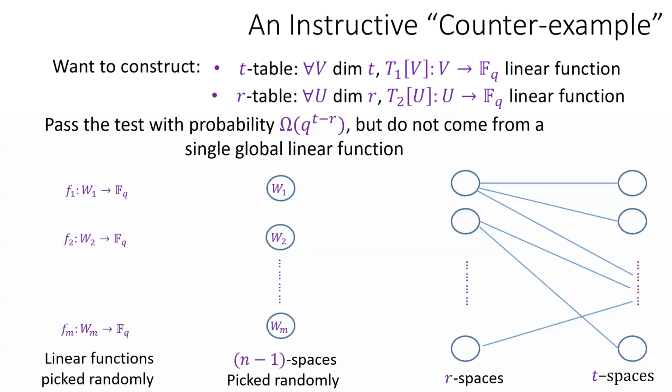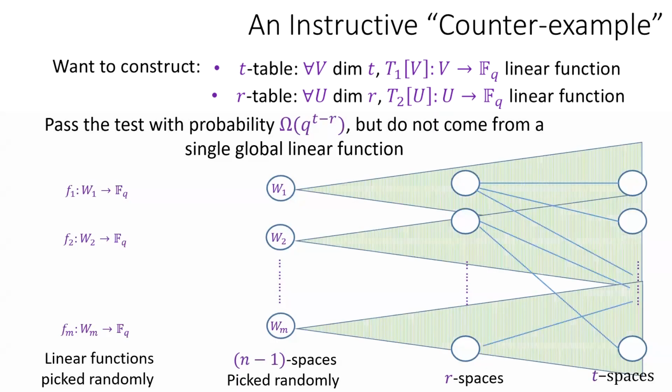I want to use this to construct an assignment for R spaces and T spaces, and I'm going to do that in the natural way. Each hyperplane has an opinion about what should be going on in a space, so it's just going to cast its opinion.